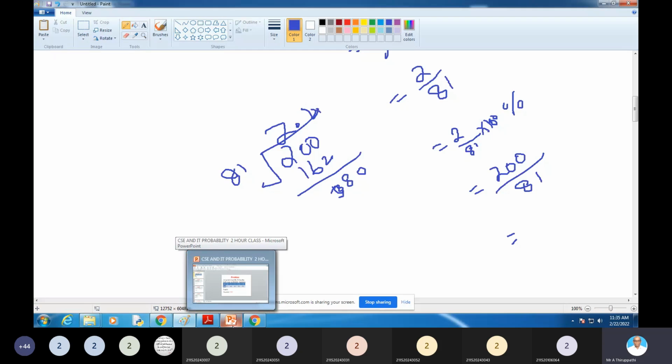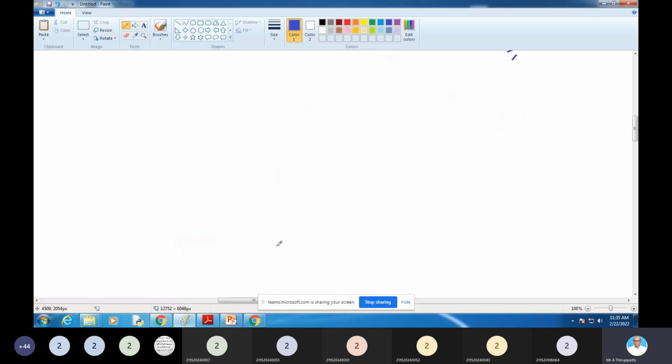Next, similarly, the same kind of problem. A continuous random variable, this is also your GATE problem, f of x is equal to x by 4 into (4 minus x square) for 0 less than or equal to x less than or equal to 2.